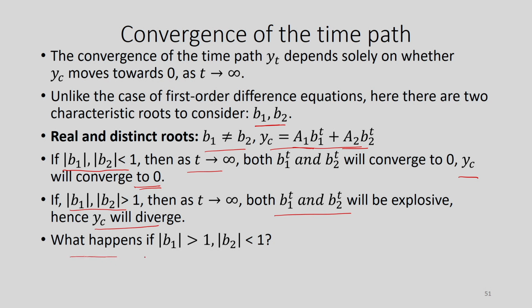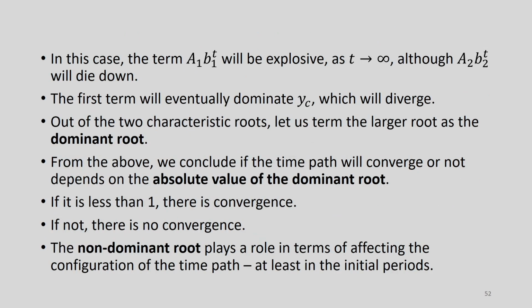But what about the intermediate case where suppose modulus of b 1 is greater than 1 and modulus of b 2 is less than 1? How to conclude that case? In this case, obviously, a 1 b 1 to the power t will be explosive because the absolute value of b 1 is greater than 1.